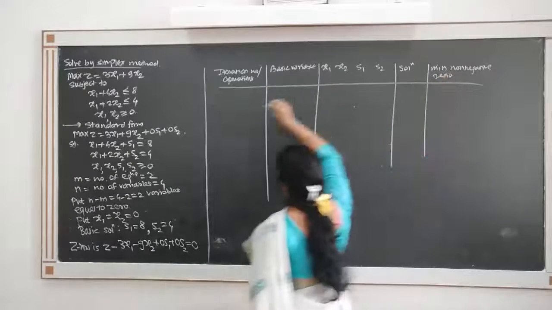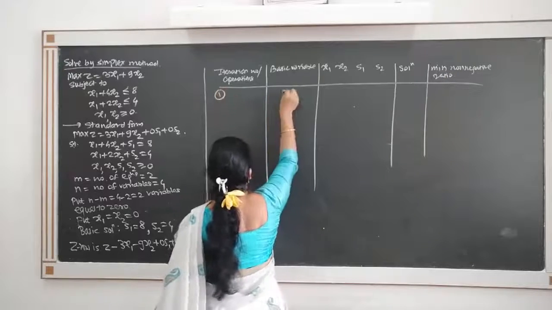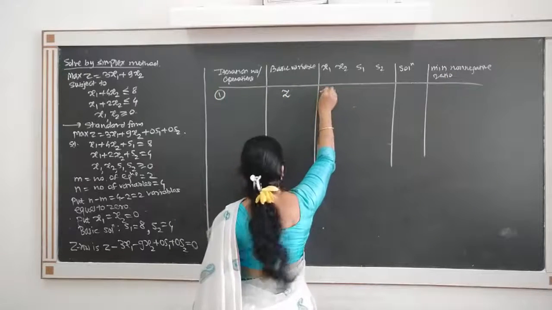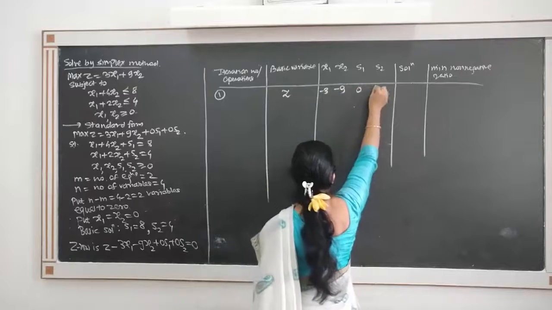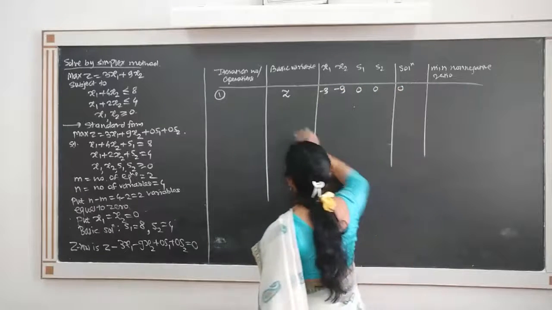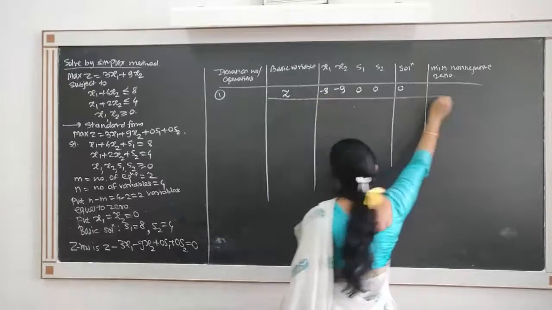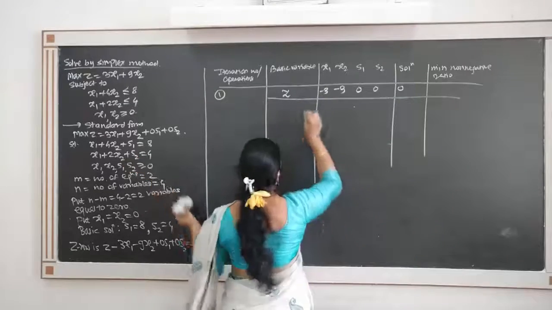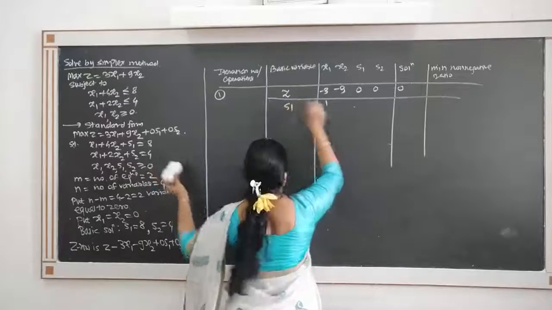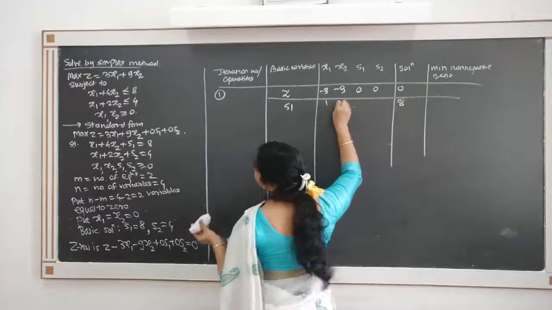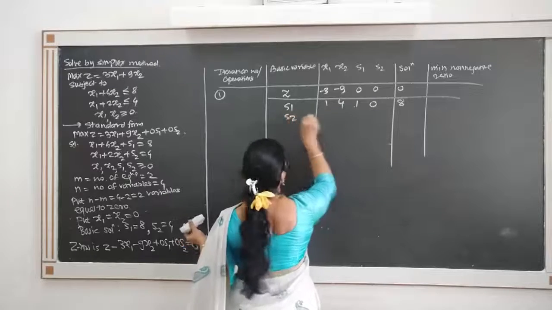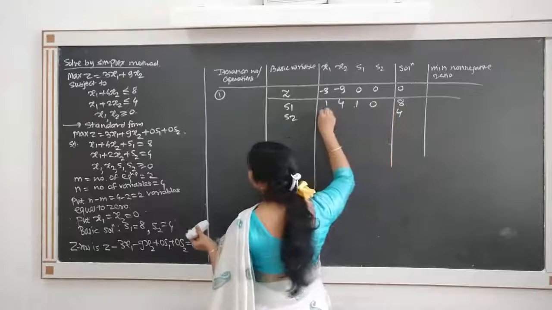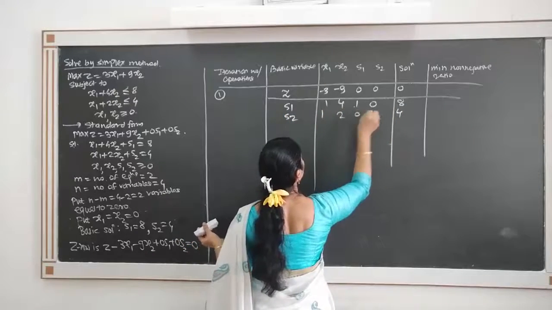In the first iteration, we have the z row as z, coefficient of x1 minus 3, minus 9, 0, 0, solution is 0. See the first row, that is s1 is equal to 8, coefficients 1, 4, 1, 0, s2 is equal to 4, coefficients are 1, 2, 0, 1.